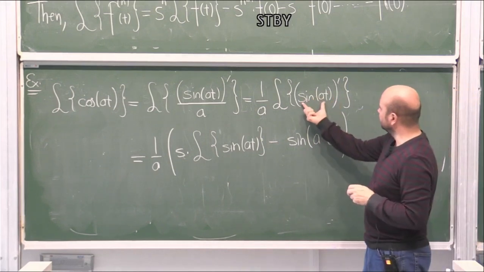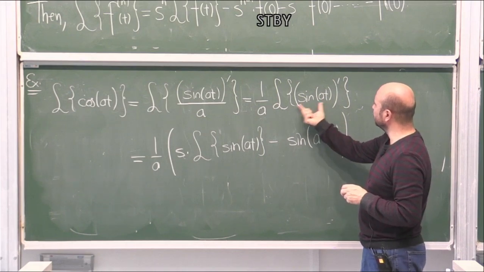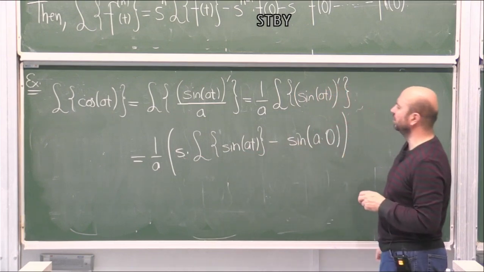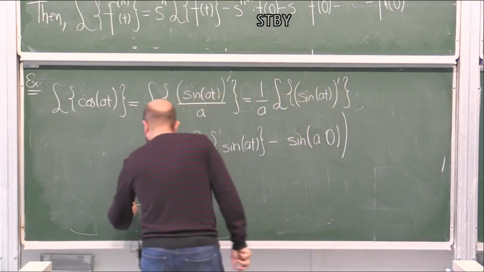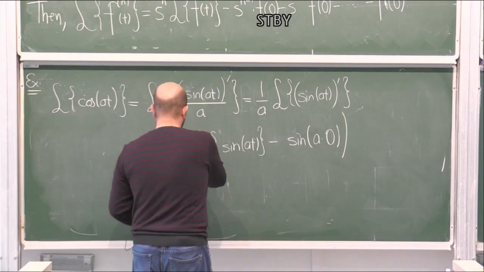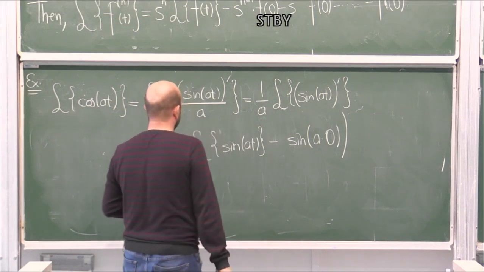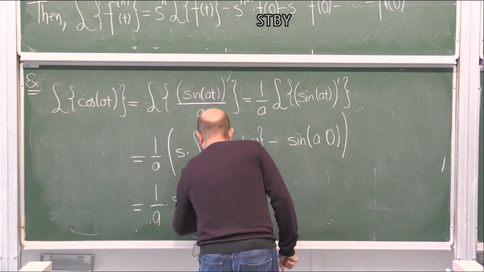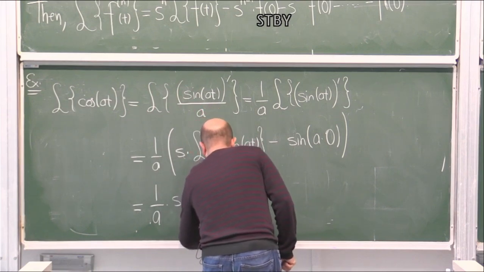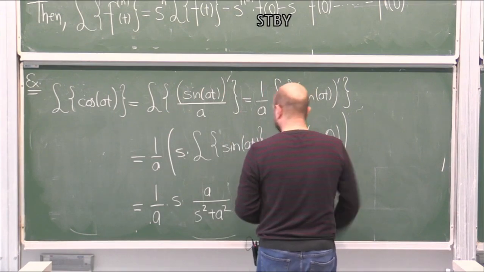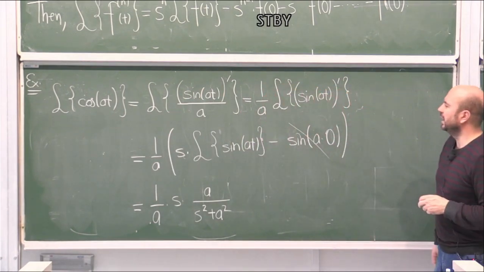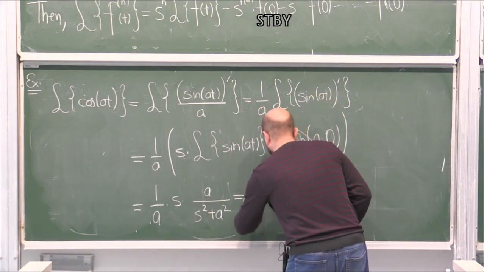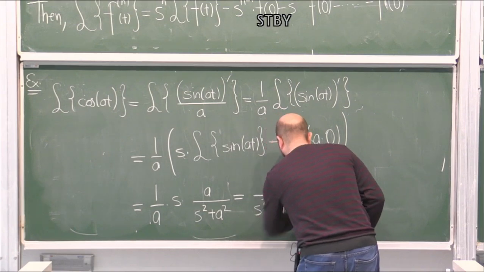So this is like your f prime. F prime's Laplace is equal to s times Laplace of f minus f of 0. So then what do we get? We have 1 over a, s times sine at's Laplace, which is a over s squared plus a squared. Sine 0 is 0, so this is 0. And so what do we get? The a's are cancelling. We have s over s squared plus a squared.